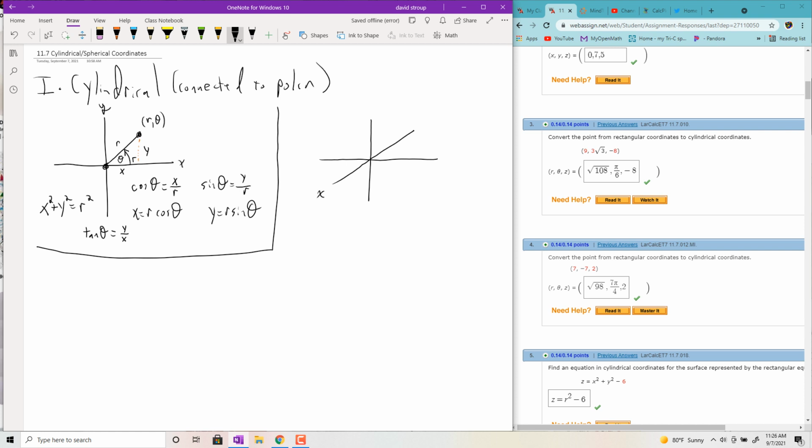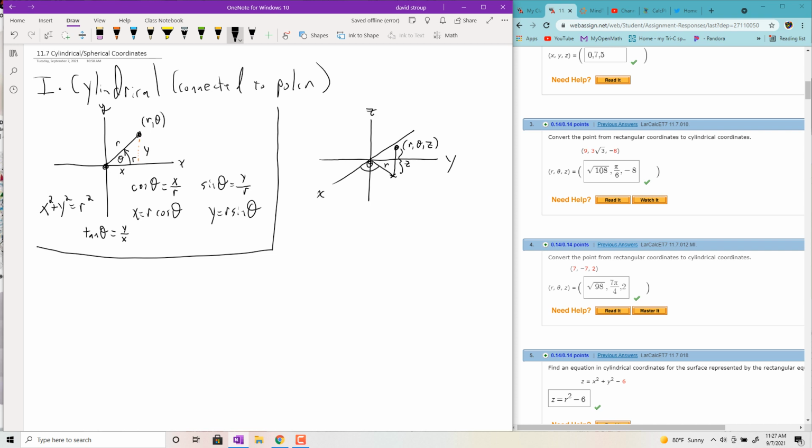So in the xy plane, it's basically business as usual. You have this point here, which is, again, described via this angle theta and this directed distance r. But then you have a third dimension, which will be z. So you'll have this point here, which is r comma theta comma z. Okay, so this distance is z, and all the equations are the same basically.